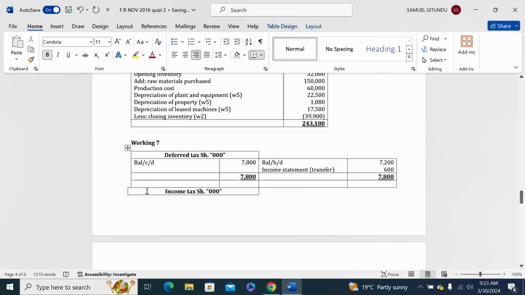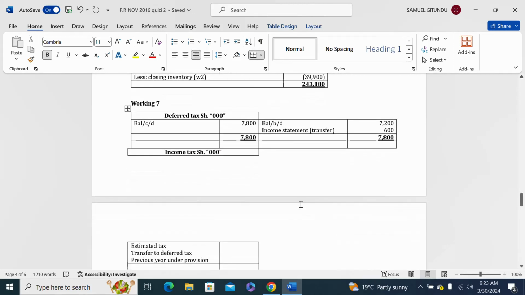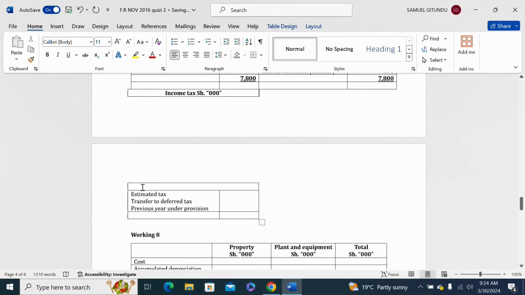There's a challenge here. This is not supposed to be combined, but we can still work it out that way. So this is the income tax.